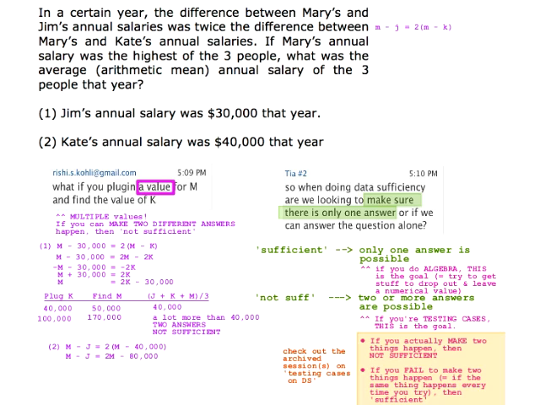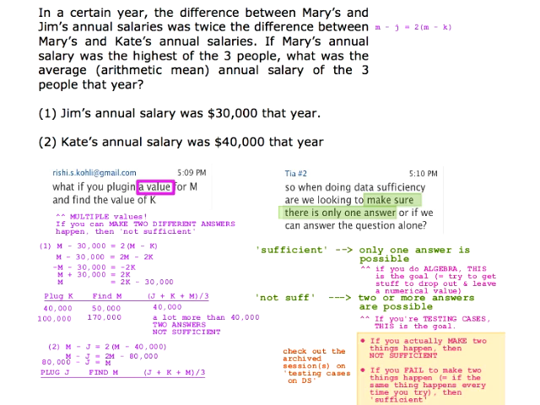So if we bring m over to the other side, and then we bring the 80,000 to the other side. There it is. Okay, so plug in j, find m, and then find j plus k plus m over 3.